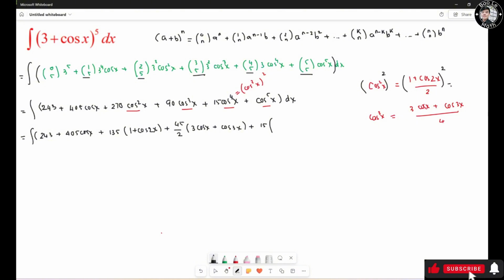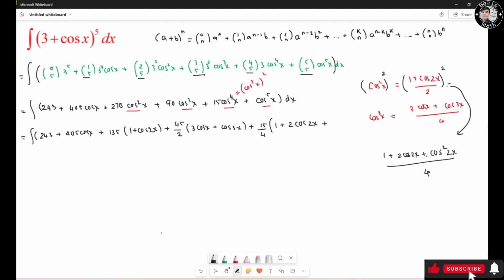So it's going to be 1 plus 2 cosine 2s plus cosine square 2s, and then over 4, right? So right here I have 15 over 4 times 1 plus 2 cosine 2s, right?